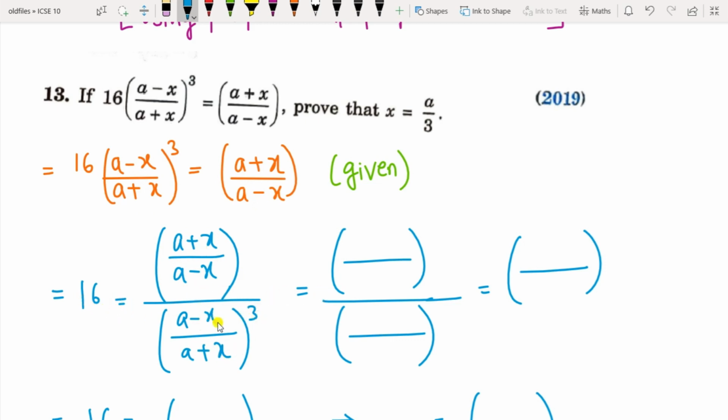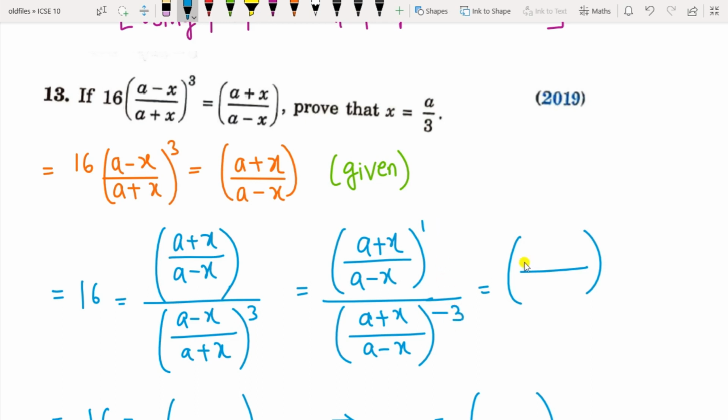Now this is addition in the numerator, so you have to change this one. So this will be (a plus x) upon (a minus x), written as the addition in the numerator, (a minus x), and this will become minus 3 here. Since no power means 1, and this is minus 3, and since it is division, this minus will go up, and for division you have to subtract.